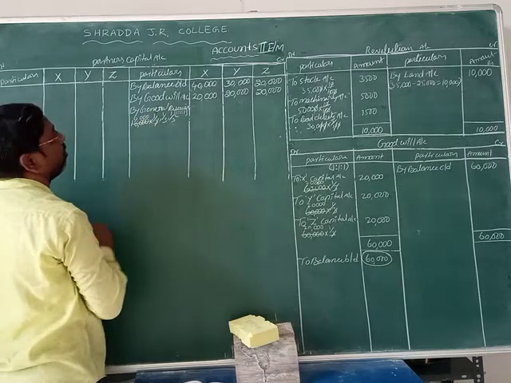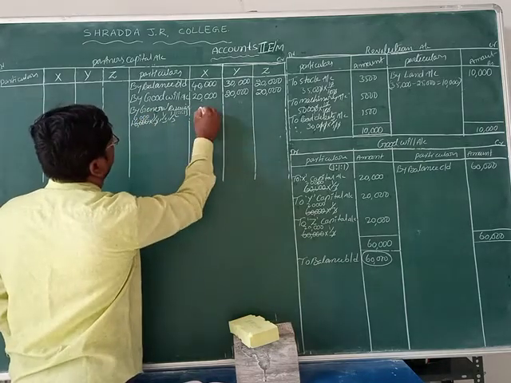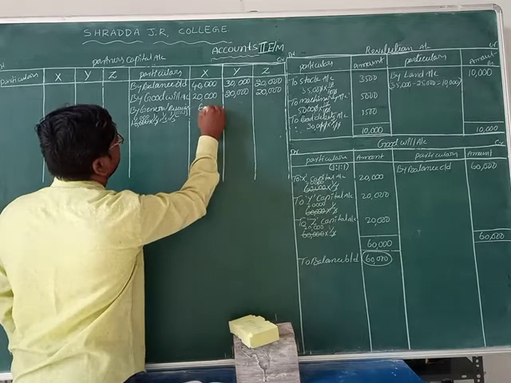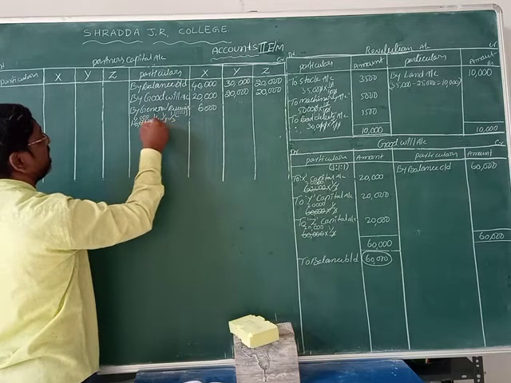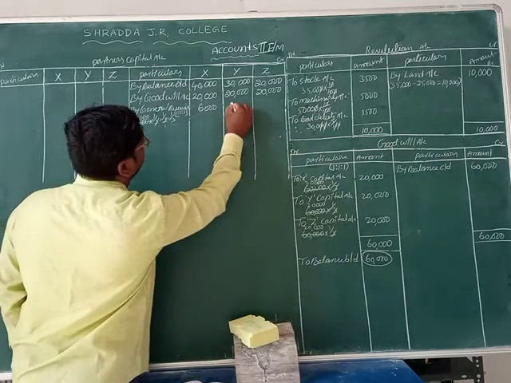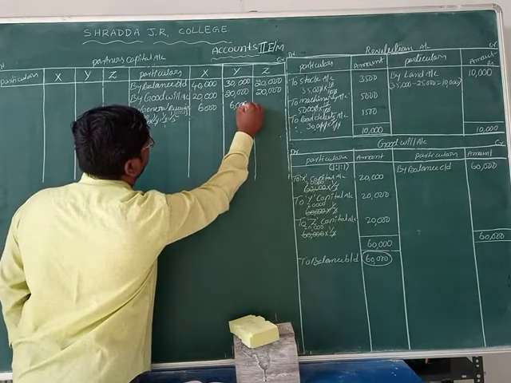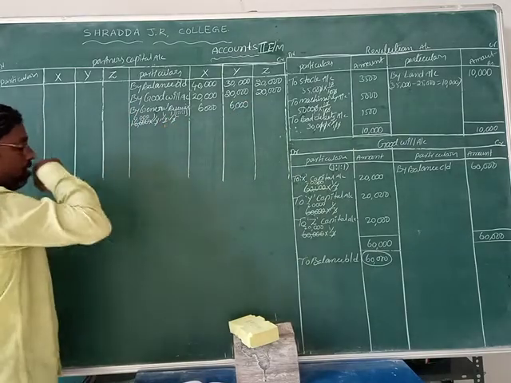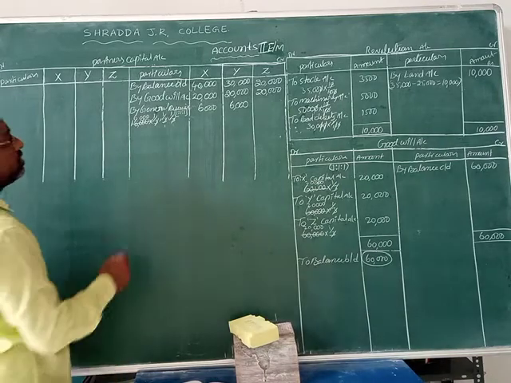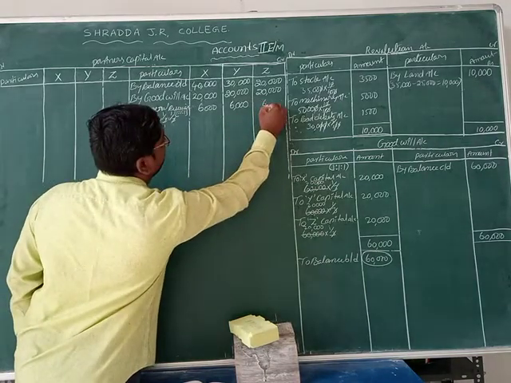Isn't it? Now X's general reserve is 6,000 rupees. Now let us take Y: 3 1s are 3, 3 6s are 18. That is also 6,000 rupees. At the same time, Z: 3 1s are 3, 3 6s are 18. So Z also has 6,000 rupees, friends.